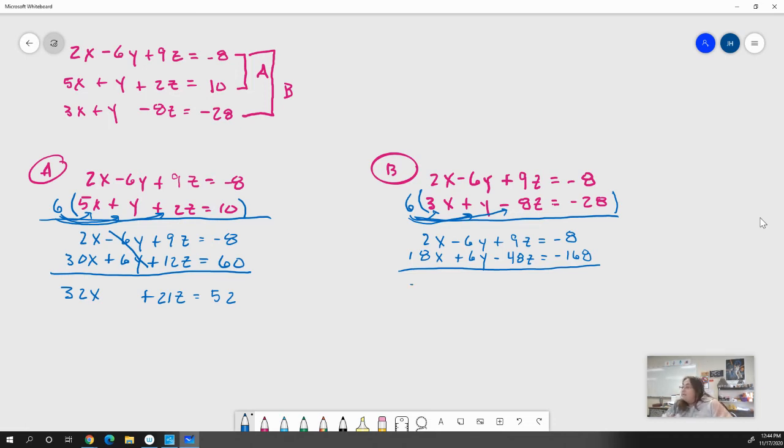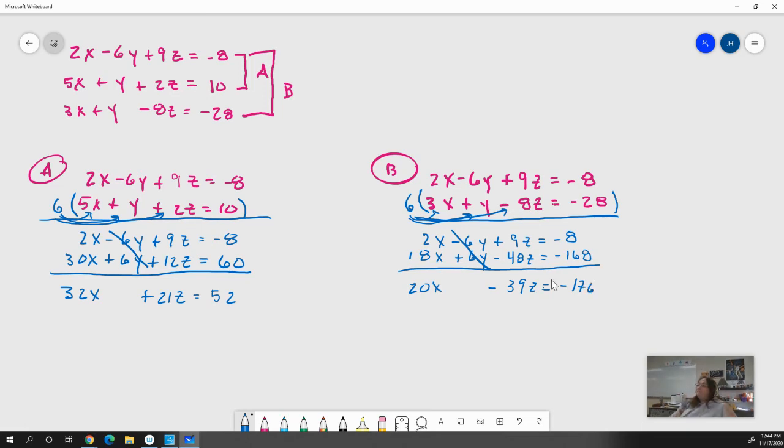2x plus 18x, 20x. Minus 6y plus 6y, bam, just 0. 9z minus 48z gives me negative 39z. Negative 8 minus 168 gives me negative 176.